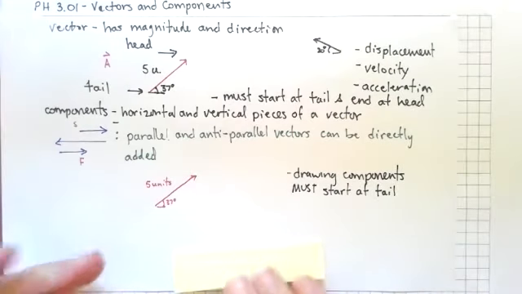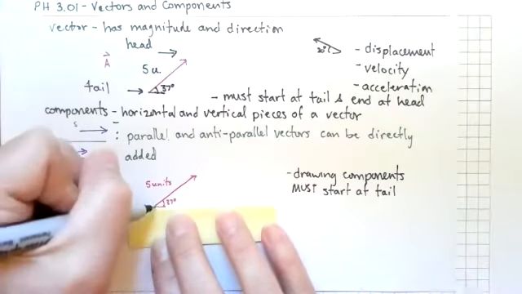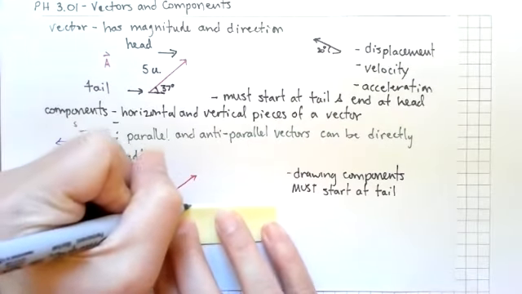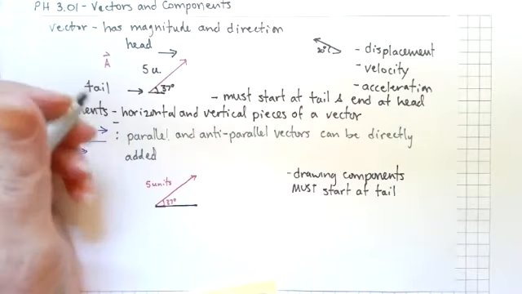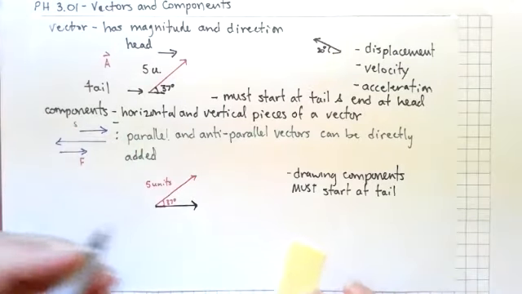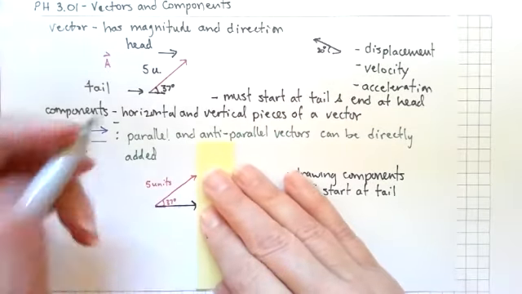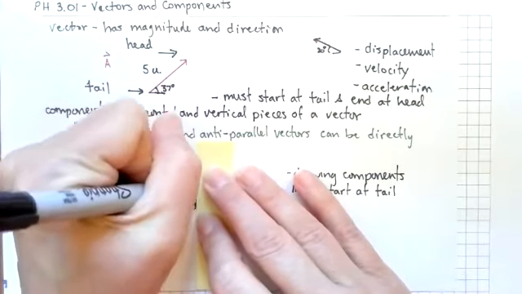On this one, I'm going to draw in my horizontal first. I'm going to draw a line starting at the tail, and then I need the head for my horizontal. Then I'm going to go from the head of the second up to the head of the resultant.